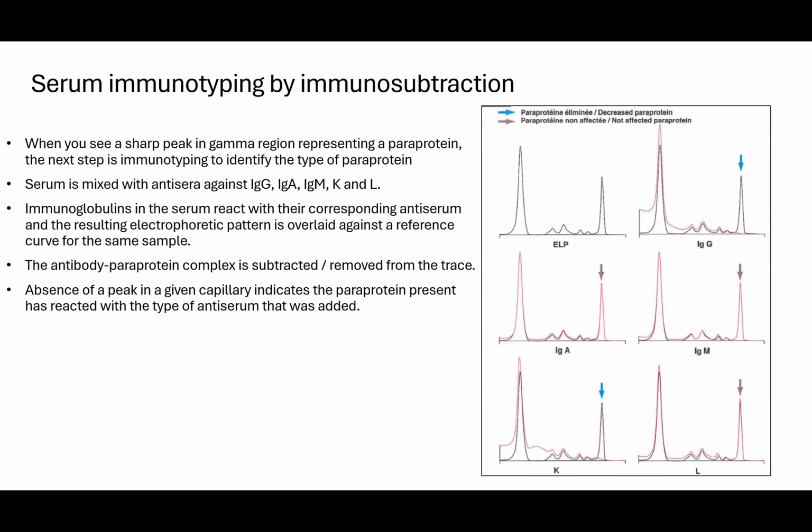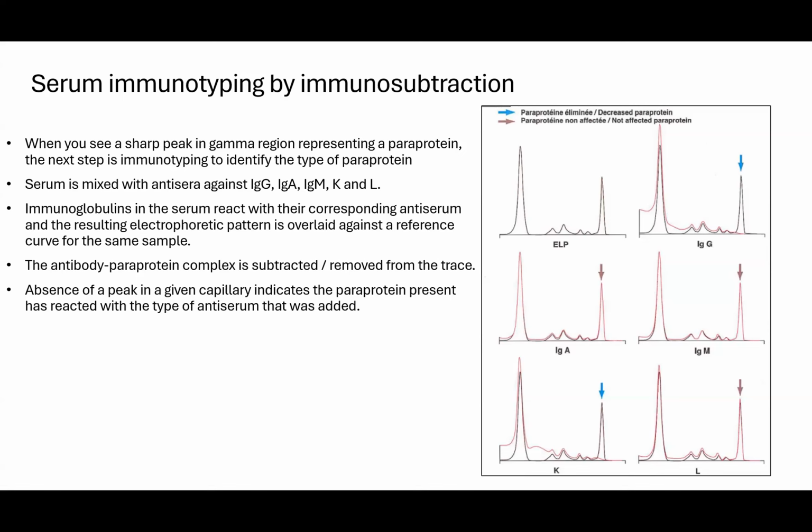So in immunotyping, basically serum is mixed with antisera against IgG, IgA, IgM, kappa, and lambda. And immunoglobulins, if they are present in the serum, react with the corresponding antisera. And the antibody-paraprotein complex is subtracted, removed from the trace.